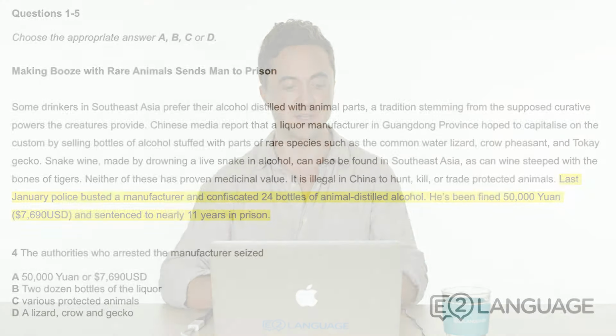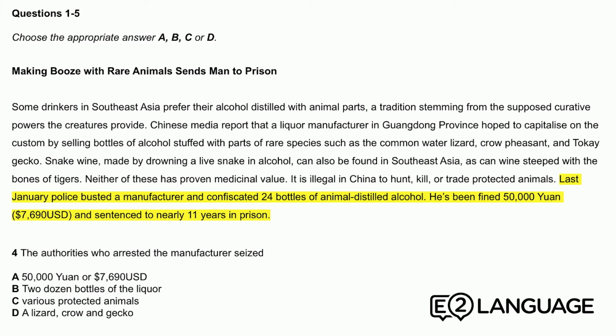Let's take a look at this one, number 4. So number 4, the authorities who arrested the manufacturer seized what? Let's not read the answer options. Last January, police busted a manufacturer and confiscated, that's a great synonym for seized, 24 bottles of animal distilled alcohol.